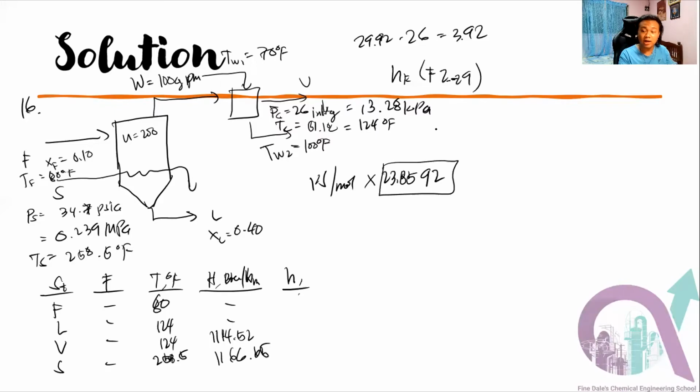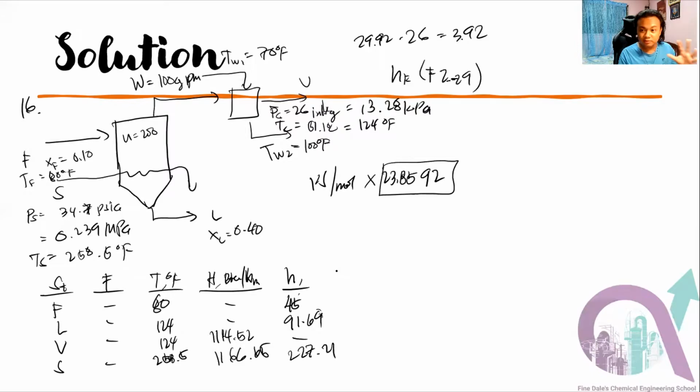You can get your enthalpy, equal to 45 BTU per lbm. And then from the steam table, you can get 91.69. And this is also from the steam table, 227.21.